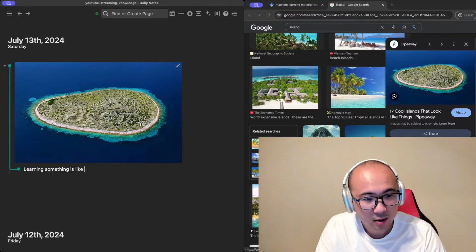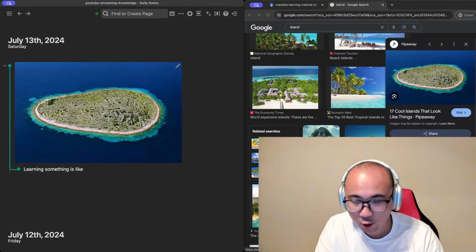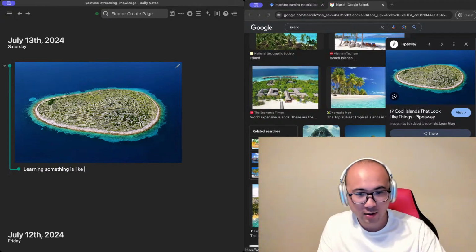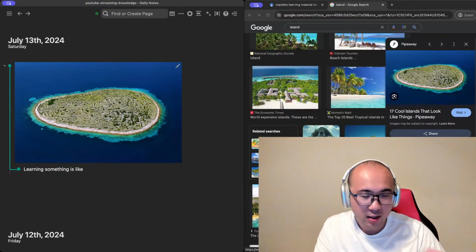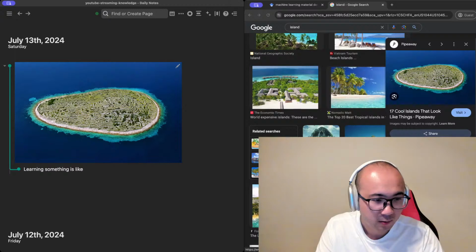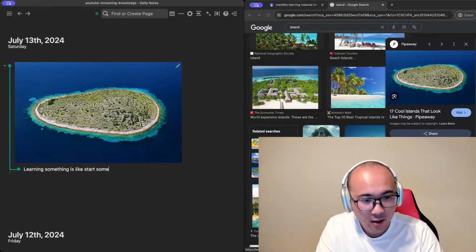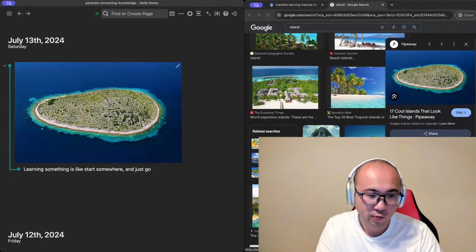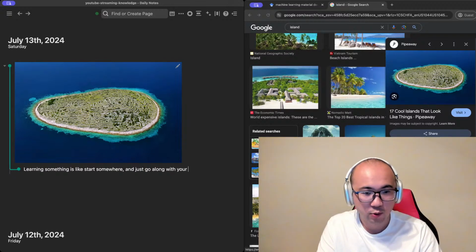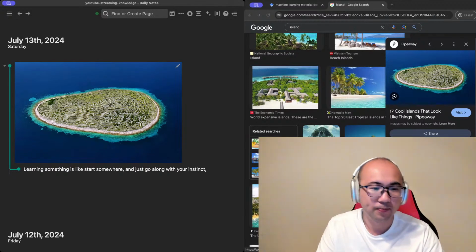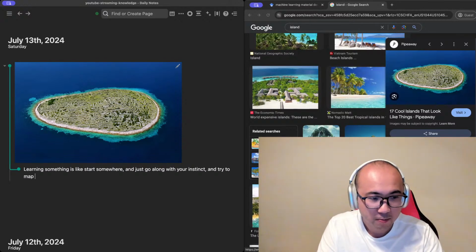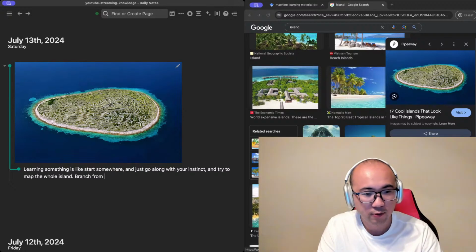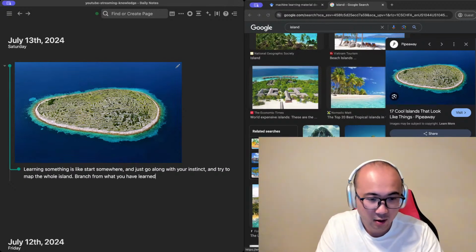Learning something is like, in the beginning, we really don't know where to start, because you can start from anywhere, but it is important to start somewhere and go along with your instinct and try to map the whole island, branching from what you have learned.